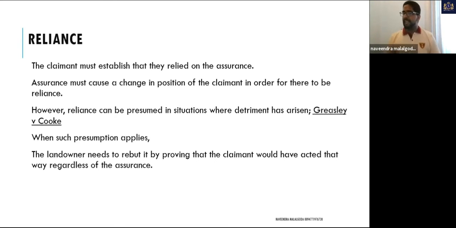Sometimes detriment can be suffered regardless. If that detriment cannot be linked to the assurance by reliance, then definitely an estoppel will not arise. So how intertwined these principles are has to be understood.